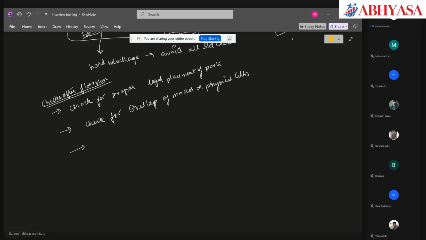Then check if all macros have halos. Check for well tap spacing.